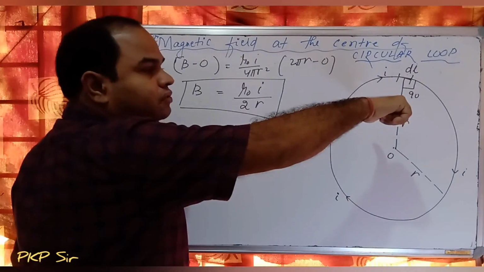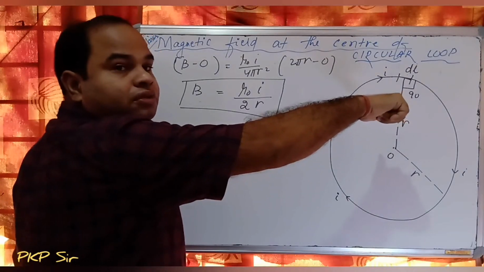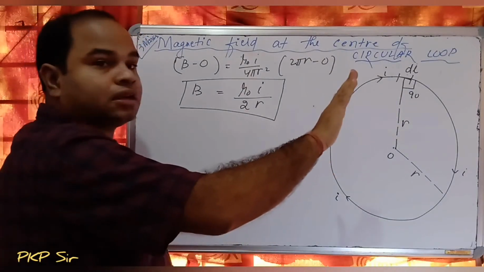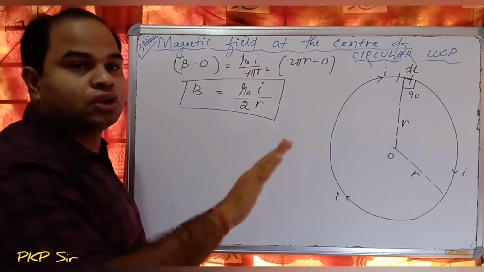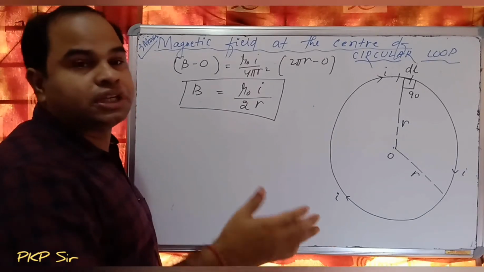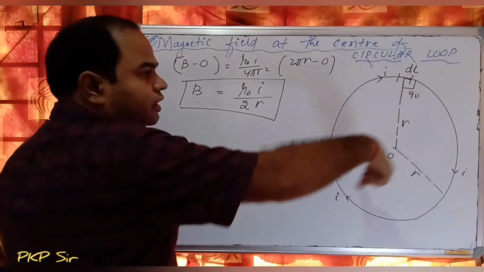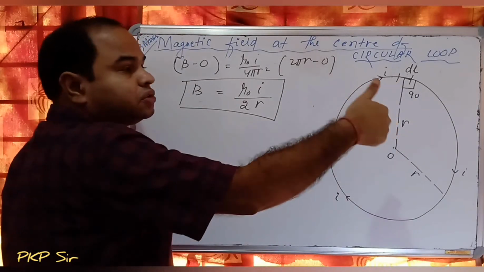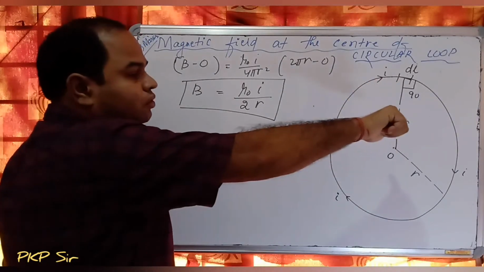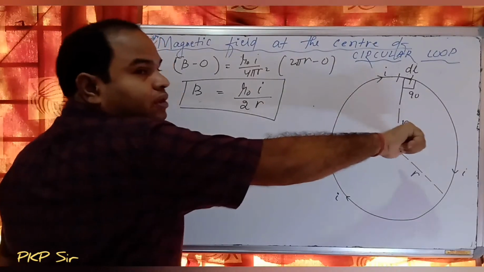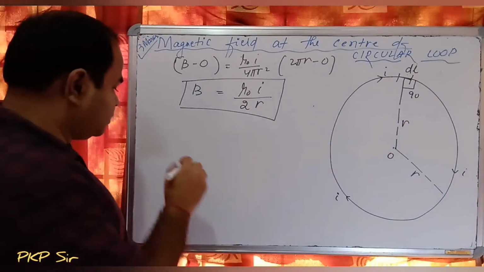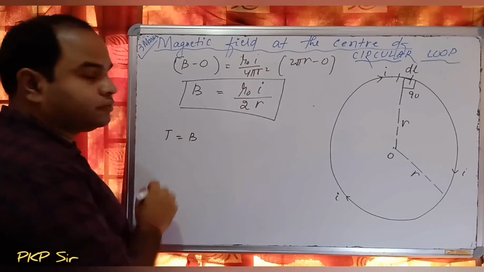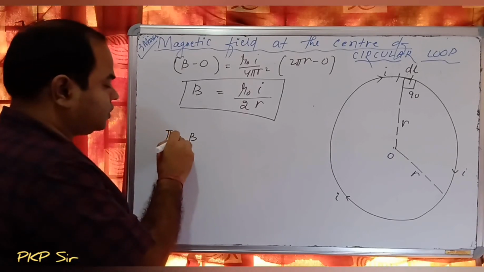So the thumb gives the direction of magnetic field. Since the current is clockwise, the thumb gives the direction of magnetic field, that is inward. Okay.